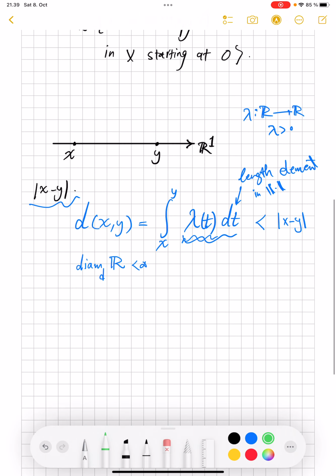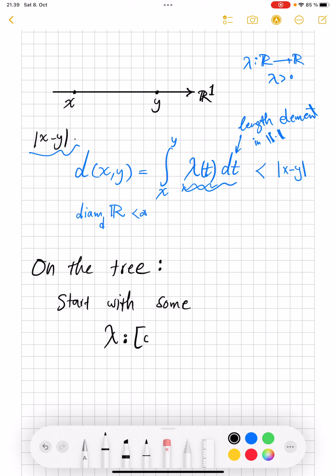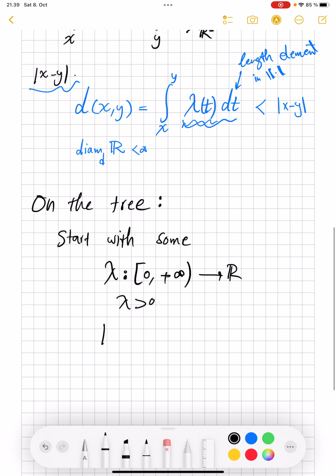So you start with a function that is also radially symmetric, and because here you start at 0 and you always move forward, you only need a function on the half line. All the analysis is only on the half line. So you start with a function defined on this half line that is non-negative and locally integrable, of course with respect to the Lebesgue measure on R^1.